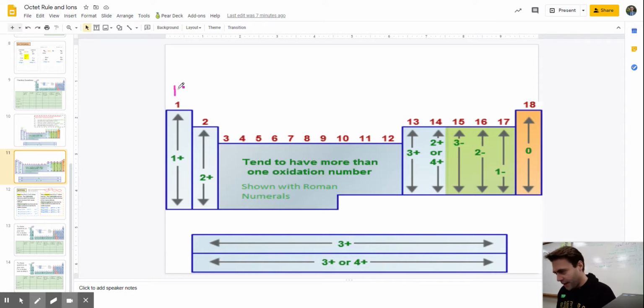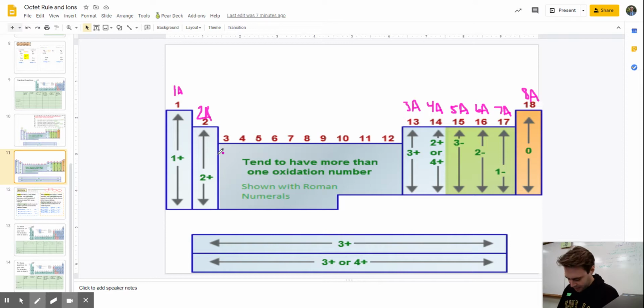So we have 1A here, 2A, excuse me, 2A, and then 3A here, 4A here, 5A here, 6A, 7A, and 8A.